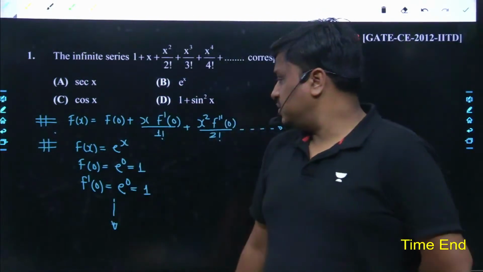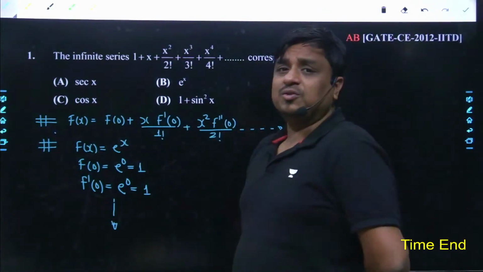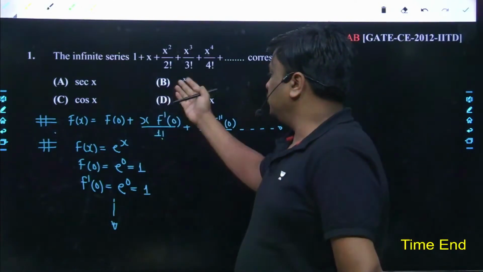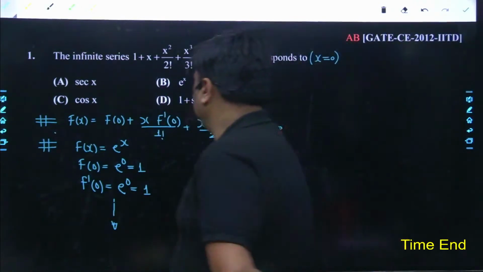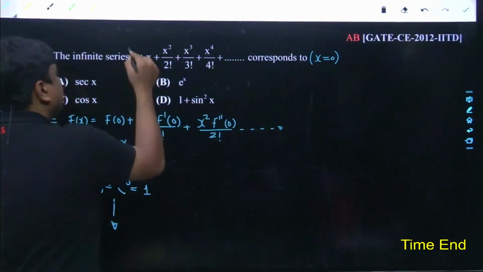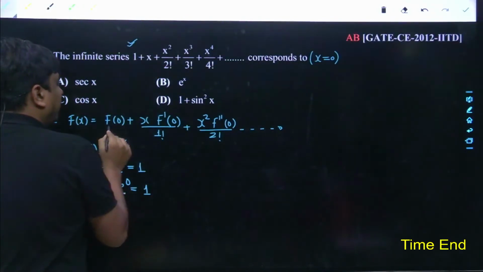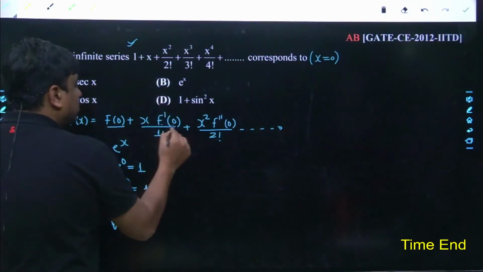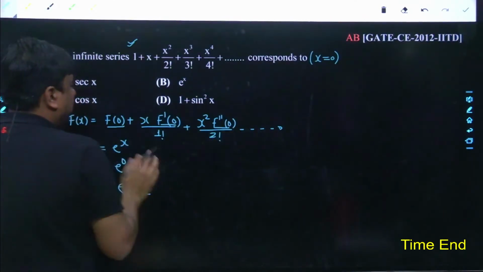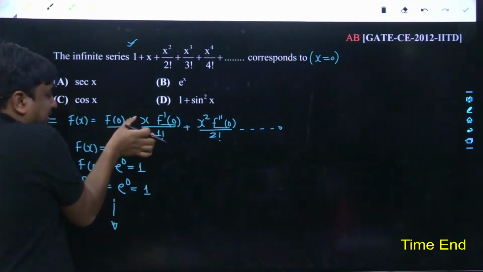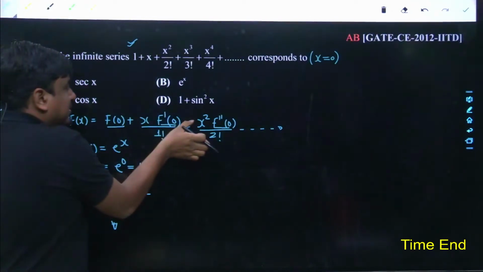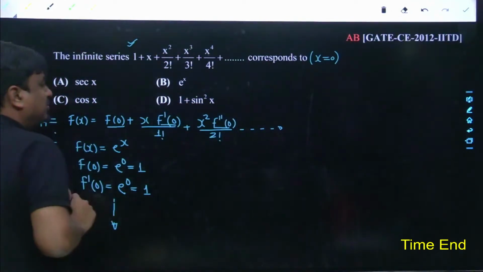And successively, if we keep differentiating and feeding x equals 0, the value is not supposed to change. Now many of the students would have doubts: sir, how did I choose option B only? My dear friend, once you see this outcome, f of 0 was 1, f dash 0 is 1, f double dash 0 is 1, this data is followed over here, and over here.